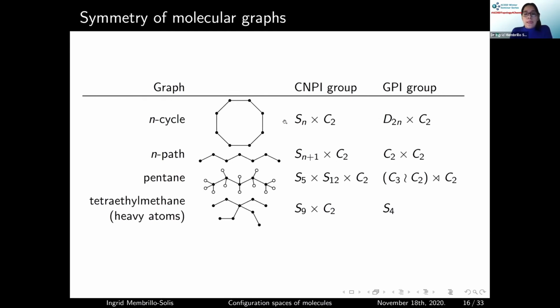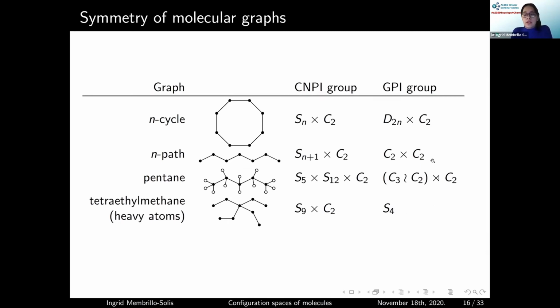And here, for instance, the size of this group is n factorial times, in this case, 2, which increases very quickly with increasing the number n. And in this case, the size of these is much smaller, so we handle these kinds of groups much better.